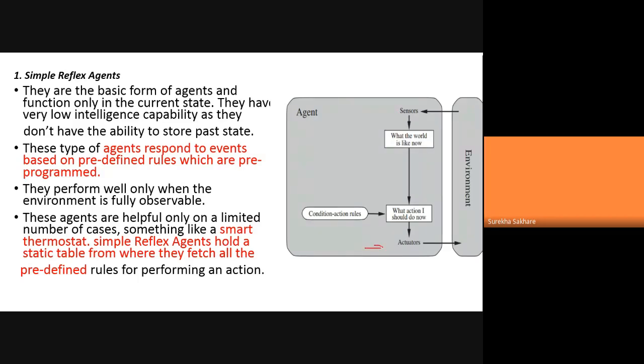This is all shown in the diagram. Now there are three blocks that I have written: what the world is like now, what action I should do now, and the condition-action rules, according to which I have to act in this fashion. So what are the rules guiding my action? This is what is shown here. What do you mean by all these things?